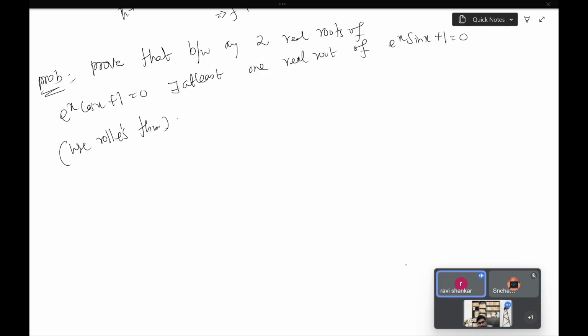Sir, functions f and g are the two functions given there. So we apply Rolle's theorem on the first function, and by using the second function, we are getting f dash equals f. I mean, the differentiation of the first function equals that function itself. That's not possible.